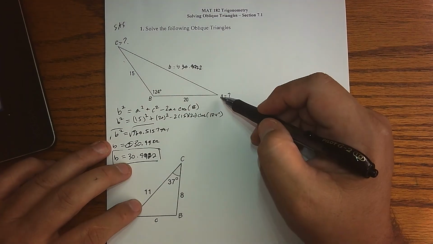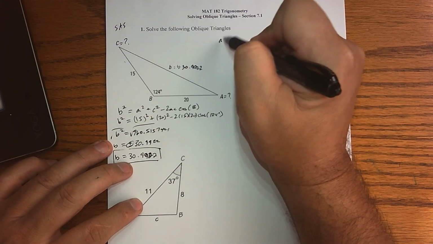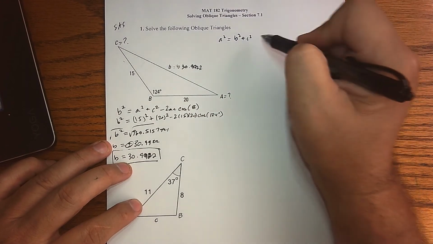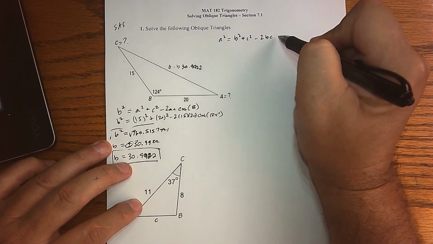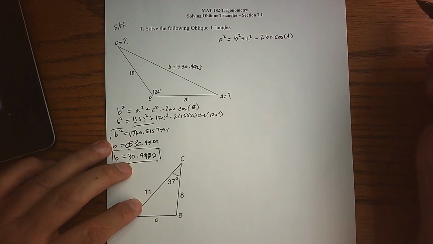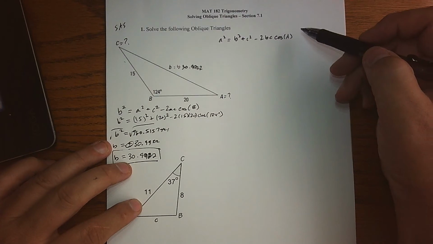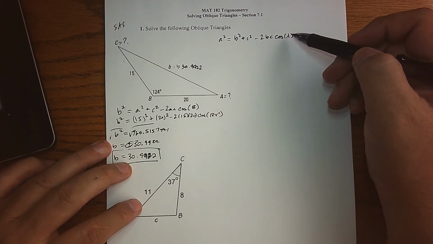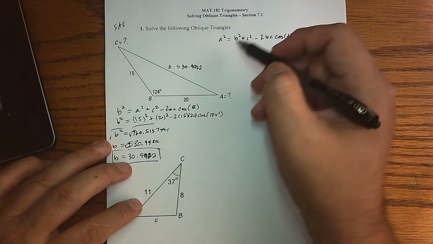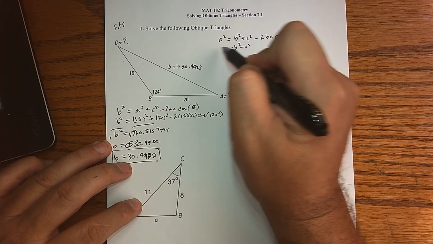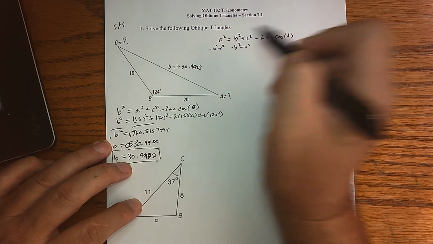So let's go for A. We know that A squared is equal to B squared plus C squared minus 2BC times the cosine of A. We can plug some things in and solve for it, or we can solve for the cosine of A at this time, and that might be a little easier with the formula. So I would first start subtracting B squared minus C squared.